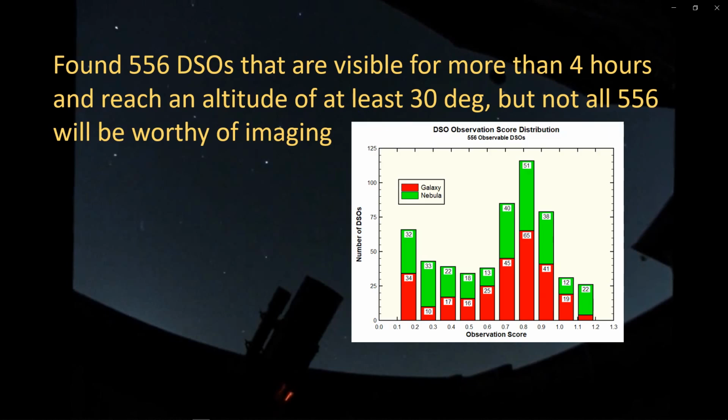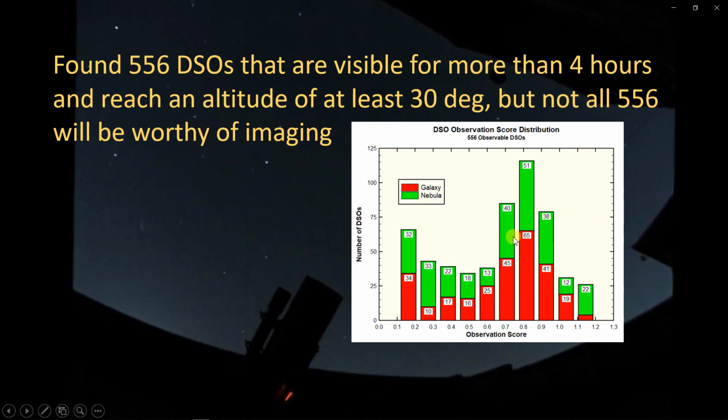This plot shows a breakdown of the DSOs that are visible from my backyard with my horizon, and it shows the type, nebula versus galaxy, and the corresponding imaging or observing score range. So from point 1 to point 2, which is where the Lagoon Nebula is, it's one of these 32 nebula targets that are visible, but only for a short period of time for me, given my complex horizon.